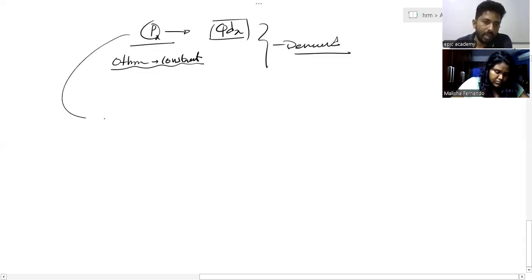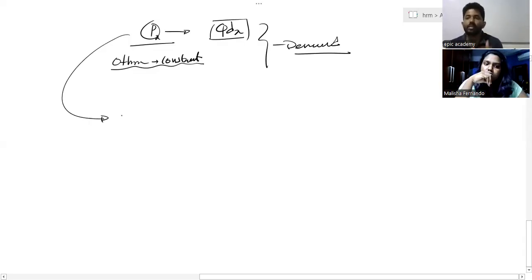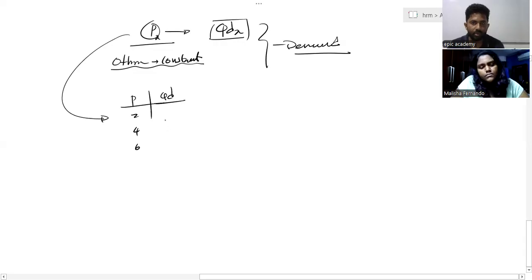If you are going to simplify that, okay, in different prices, different quantities. As an example, price 2, 4, 6. If the price of the commodity is 2, they try to purchase 80 commodities, 60 commodities, 40 commodities.